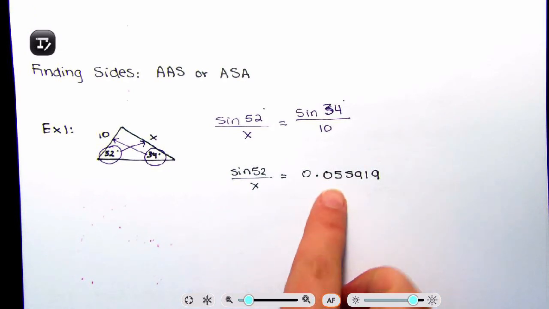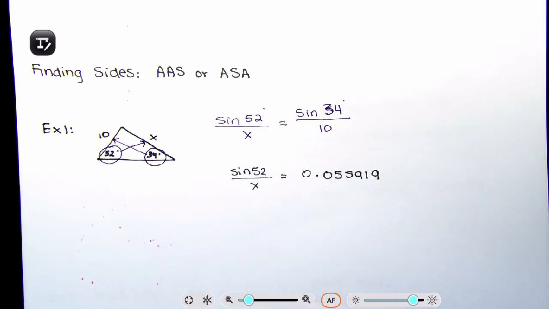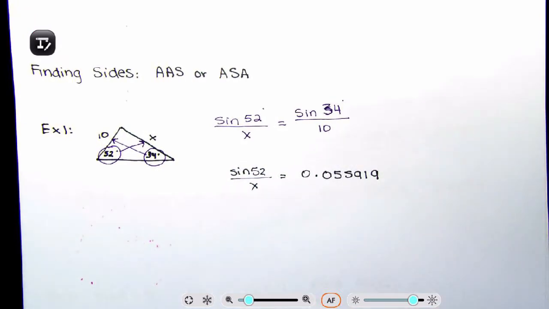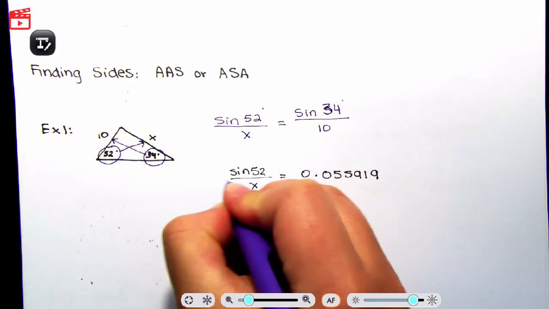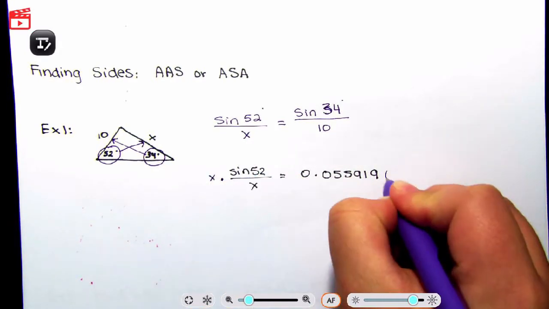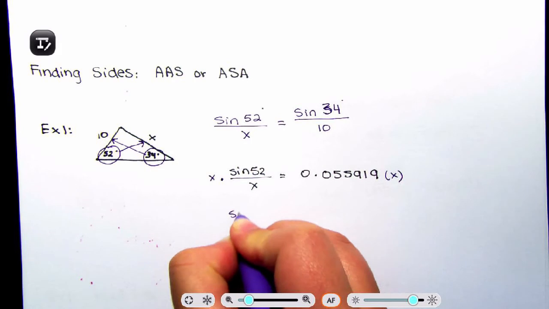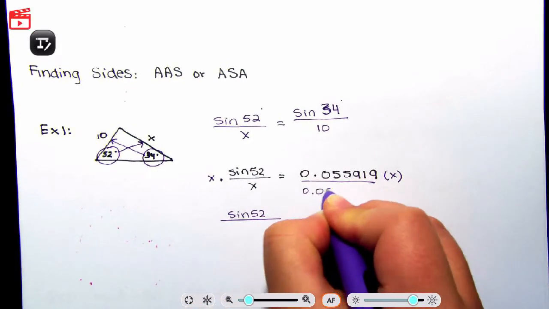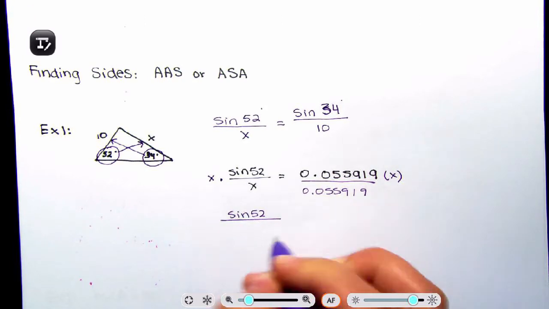Be careful with this value because you have an x in your denominator. What you could have done is flip both fractions, or you can multiply both sides by x and then divide by the 0.055919 number.